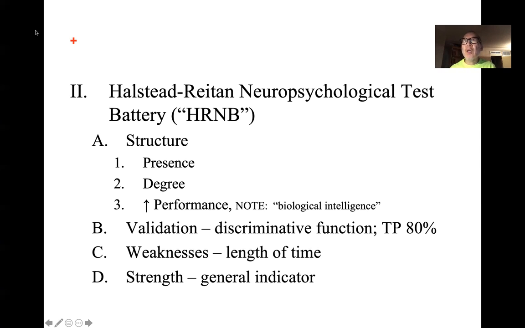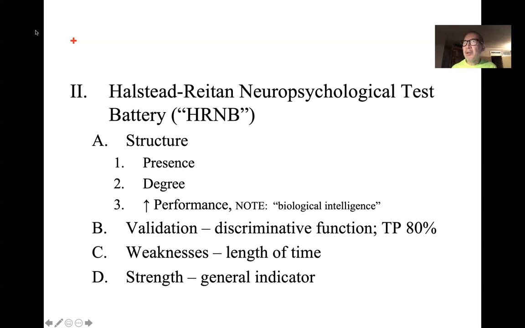Halstead Reitan actually includes a number of test items, which when you collect all the items of all the different individual tests that make up the Halstead Reitan, you get something pretty bulky. You can't carry that with you. It's something you're going to have in your office. Okay. But its strength is that it's a good general indicator of brain pathology, brain problems.